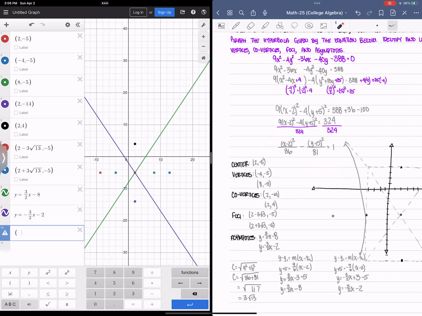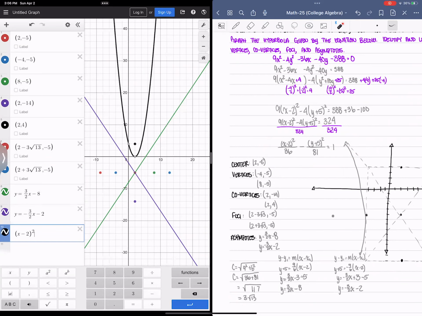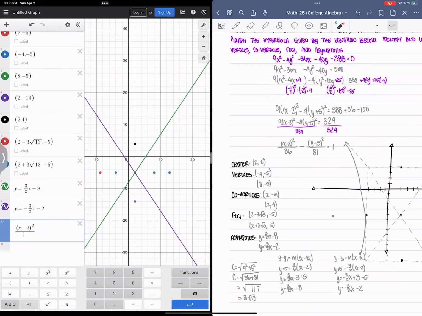So we have x minus 2 squared. We're dividing all of that by 36 minus y plus 5 squared, dividing all of that by 81. And all of that should equal 1.